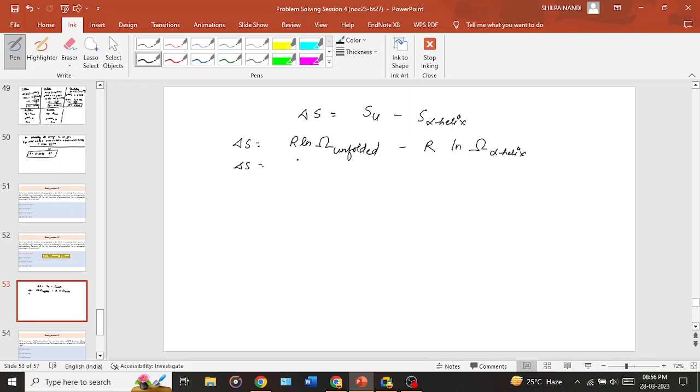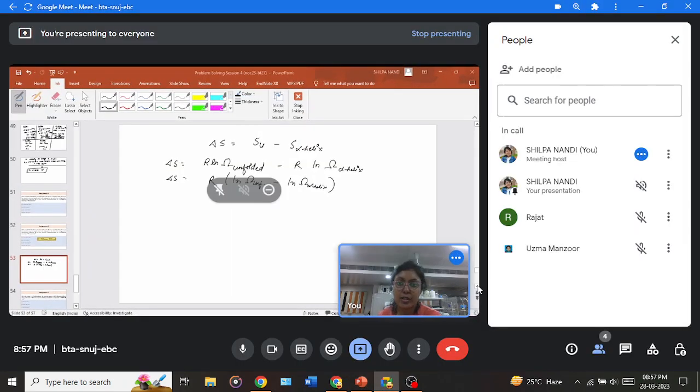So if I take out the R, it becomes ln sigma unfolded minus ln sigma alpha helix. So do you have any idea what value we should put for sigma unfolded and sigma alpha helix?